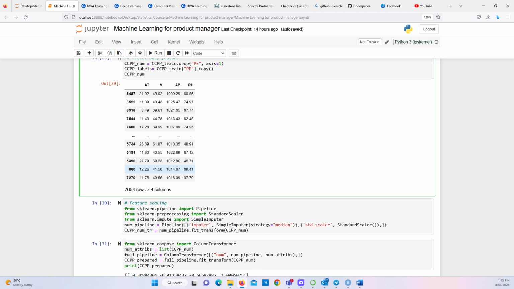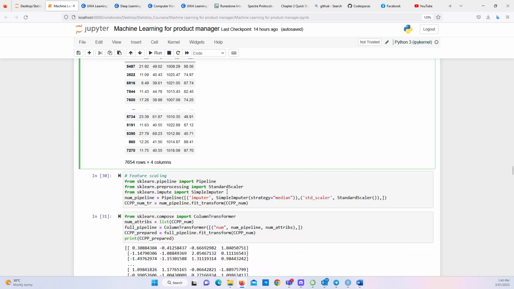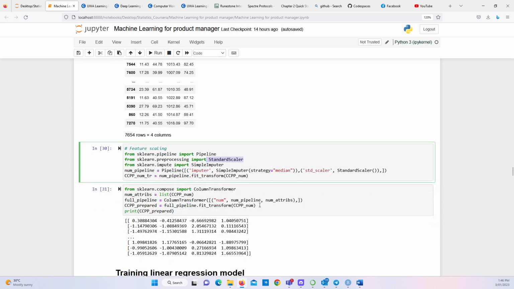And to do scaling, you can load modules like StandardScaler, like we do a standardization, and use this line to transform the predictor variables, so they are all scaled.